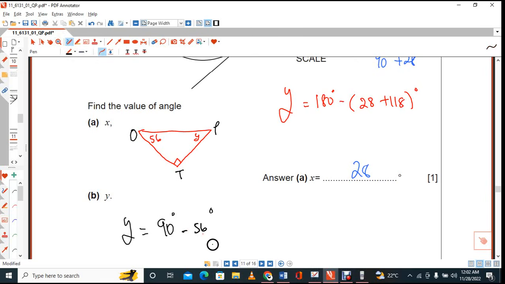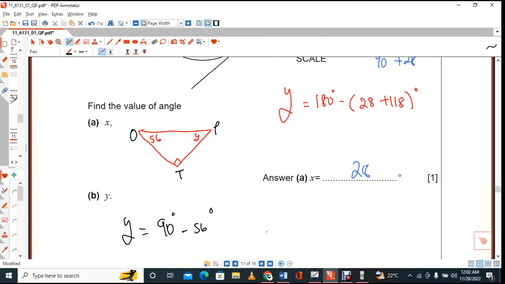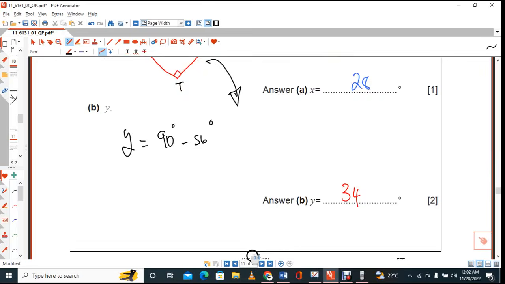If you punch that in, you get the same answer. So it will be 90 take away 56, 34. Many ways that you can do this, as long as you realize that you get to the same answer. So that drawing is for part B.